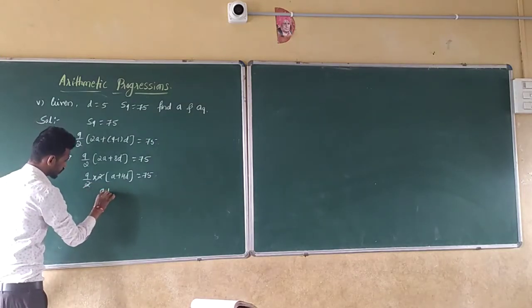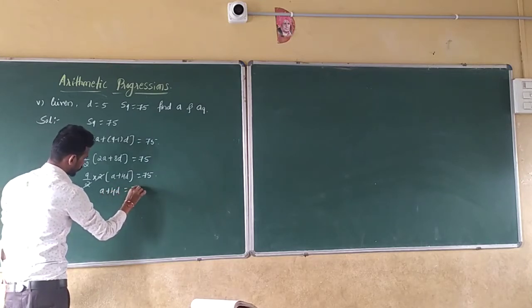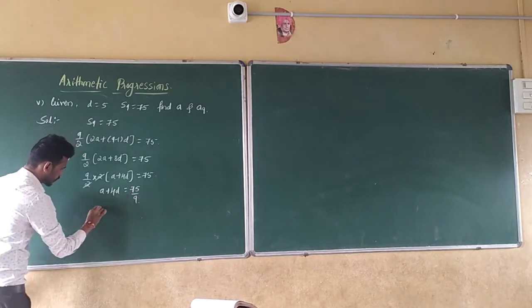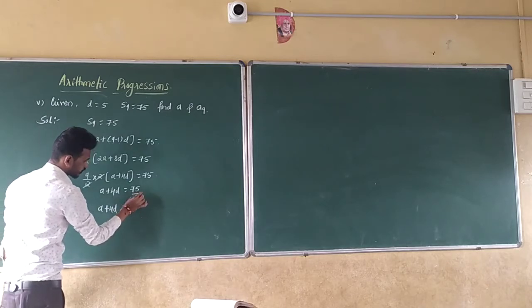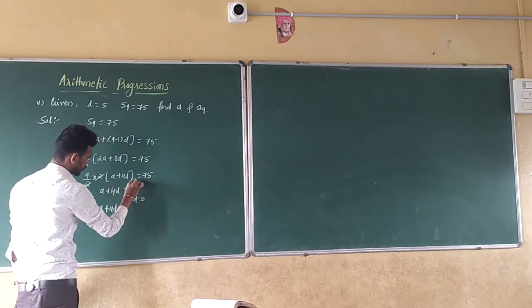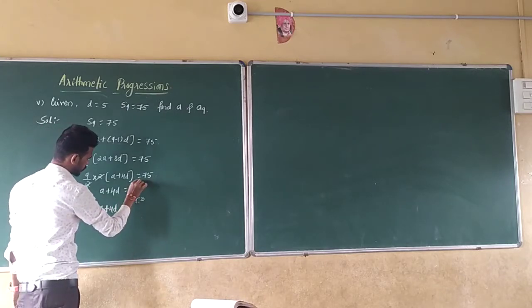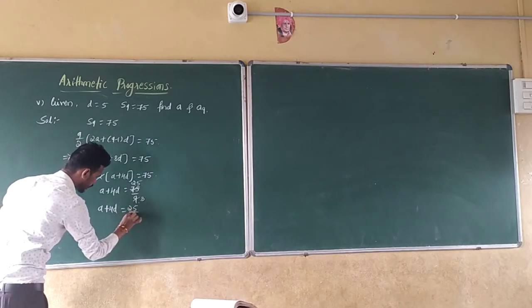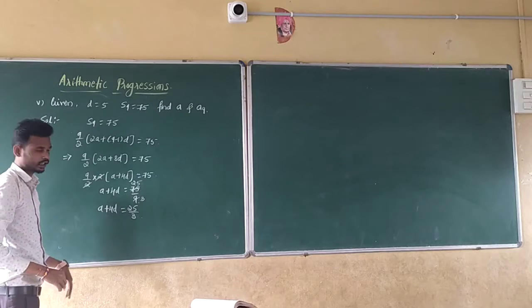So a plus 4d is equal to 75 by 9. 3 threes are 9, 3 twos are 6, 1 remains, 3 fives are 15, so 25 by 3. a plus 4d equals 25 by 3.